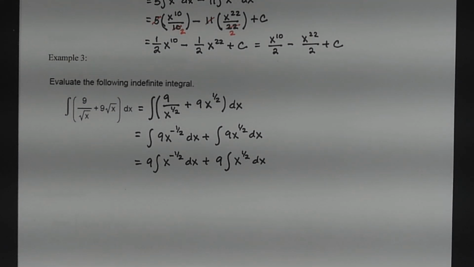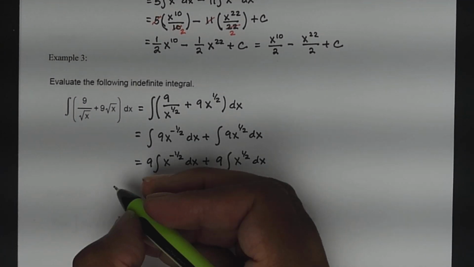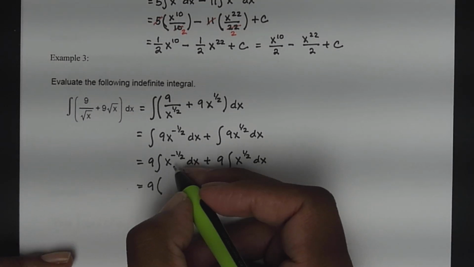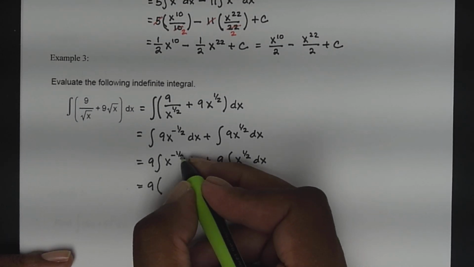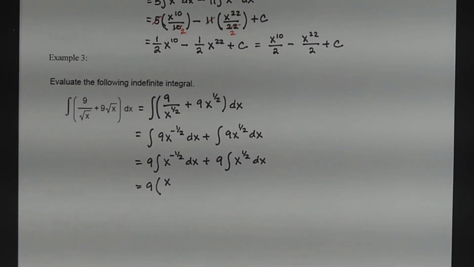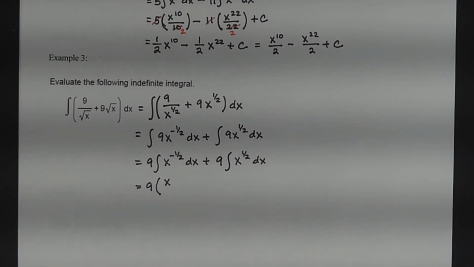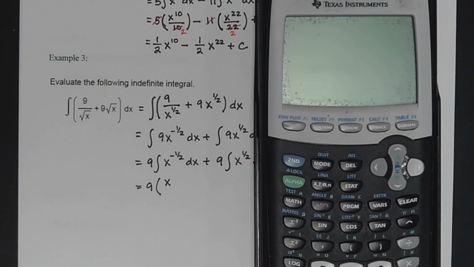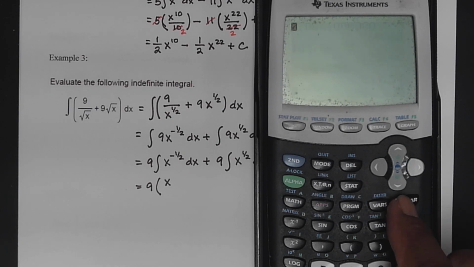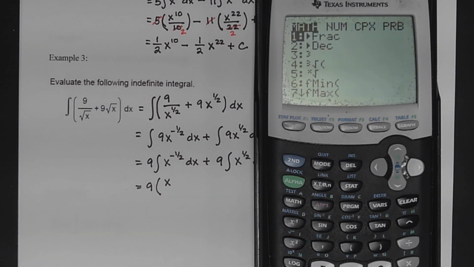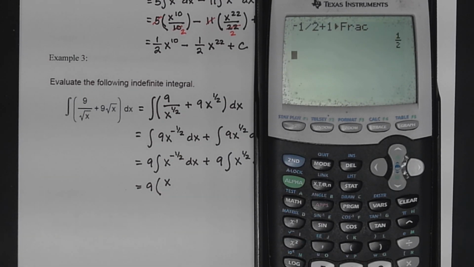And then we can take the integral of each one of these. So if I bring down the 9, here I'm going to increase the power by 1. So this will be x to the, now keep in mind this is negative 1/2 plus 1. And if you want to do this in the calculator, clear this out. Negative 1 divided by 2, and then plus 1. Hit your math key and select number 1 for fraction, and then hit enter.